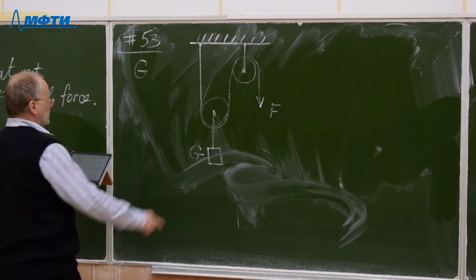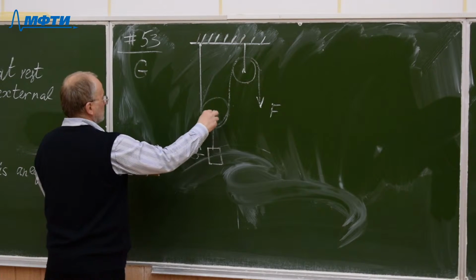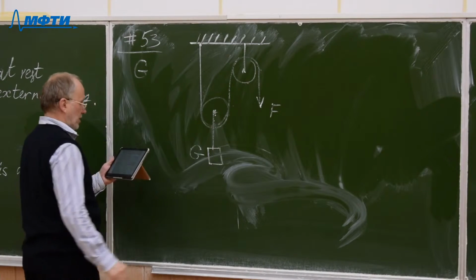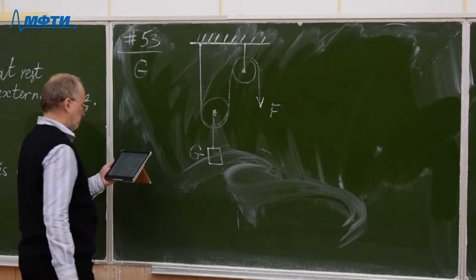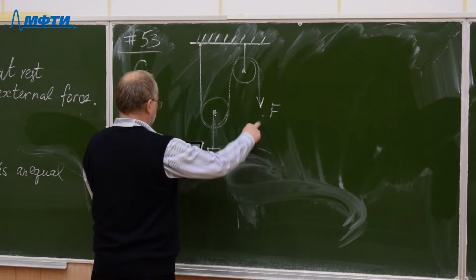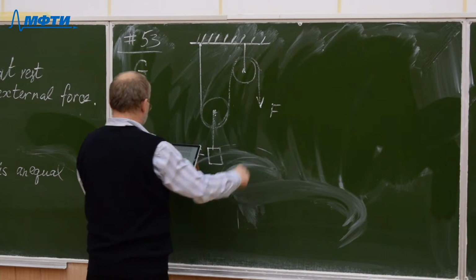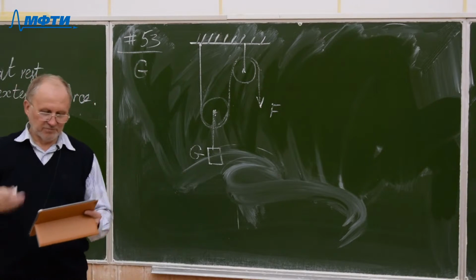So a weight G is attached to the axis of a moving pulley. What force F should be applied to the end of the string? In the problem it says the rope.